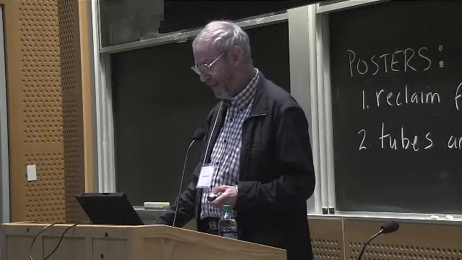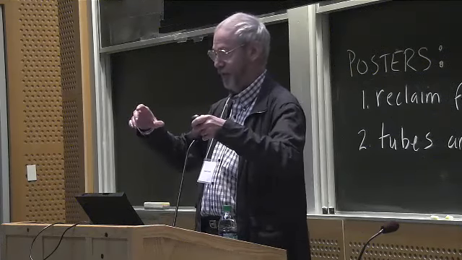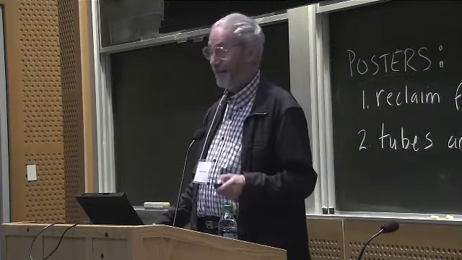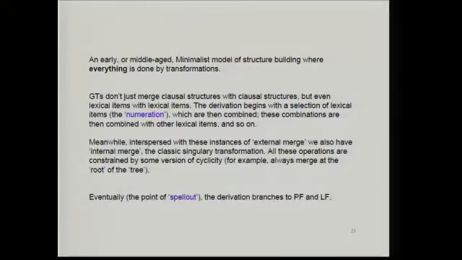Generalized transformations then don't just merge clausal structures, as in the early model, with other clausal structures, but even lexical items with lexical items, or lexical items with structures. The derivation begins with a selection of lexical items, the numeration, which are then combined. These combinations are then combined with other lexical items and so on.